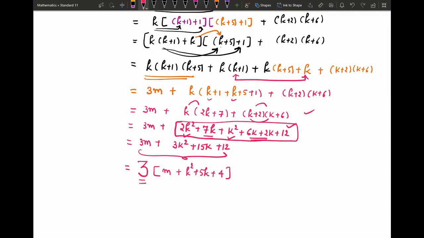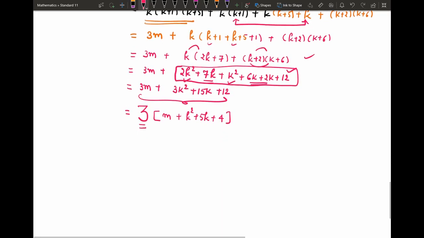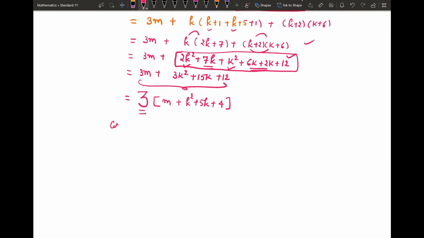So here you can observe 3 is a coefficient, therefore which is multiple of 3. It is ordinary expansion in last two term. You can take 3 common from each term, and that's why it is a multiple of 3, and therefore p of k plus 1 is true.